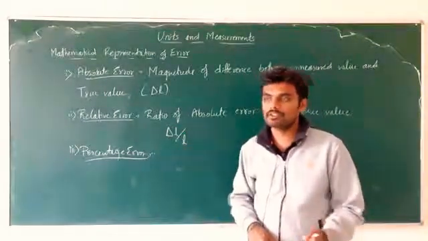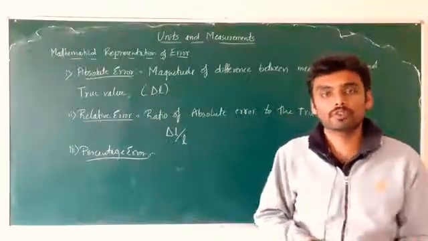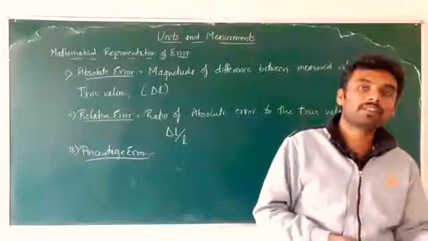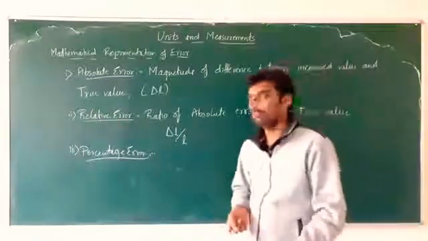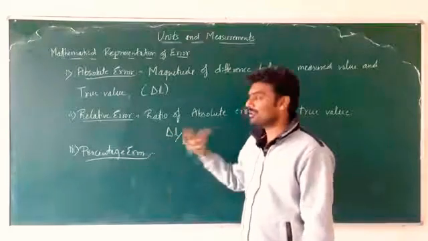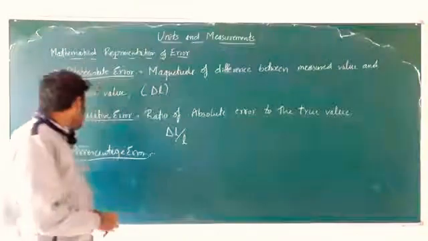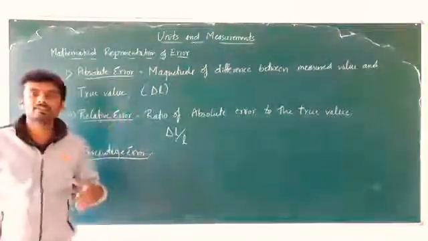The value always looks somewhat like 0.01, 0.02, 0.05, 0.001, 0.008. That's how the relative error looks.